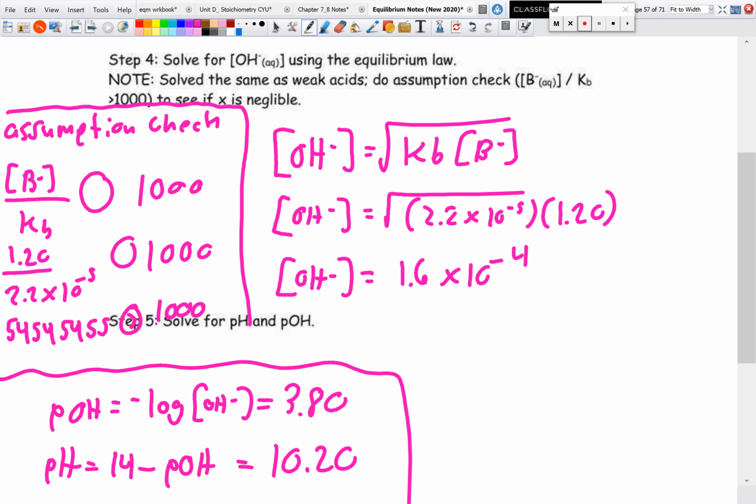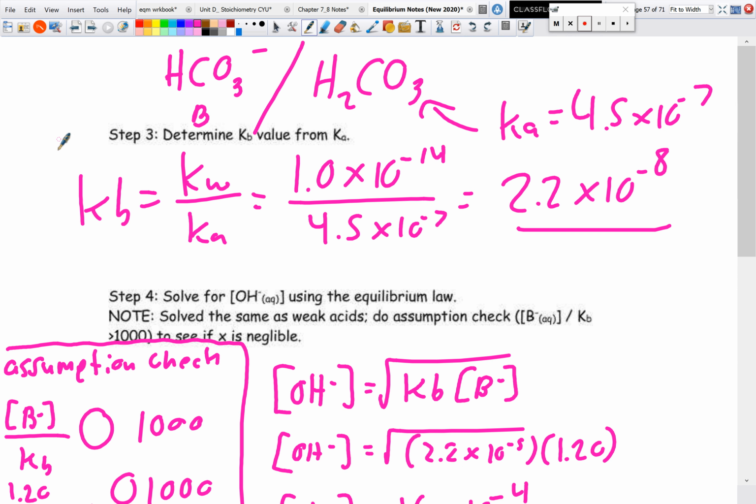So you will notice that this is not really the end, but there's not a lot of other examples with this, because in essence, if you're able to get through the ionization constant for the acid, you will notice all the parallels here with the bases. The only difference is that you do need to do this step right here, step 3, to determine Ka from Kb.